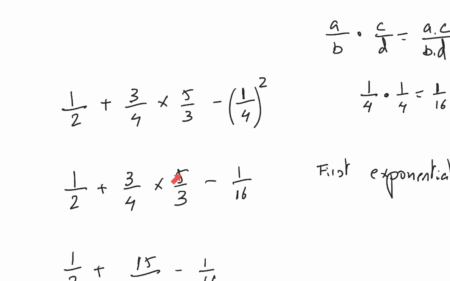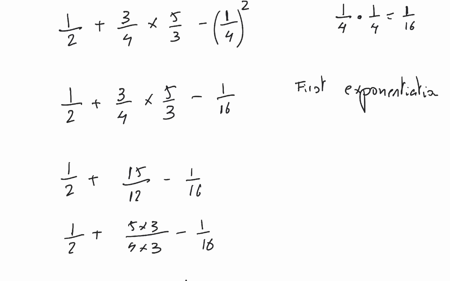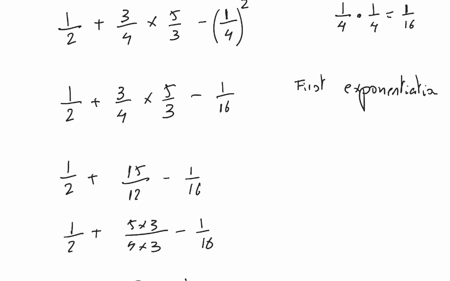So we do 3/4 multiplied by 5/3. 3 multiplied by 5, 15. 4 multiplied by 3, 12. So it will be 15 divided by 12. So it will be 1/2 plus 15/12 minus 1/16. Now we have to sum and subtract these.